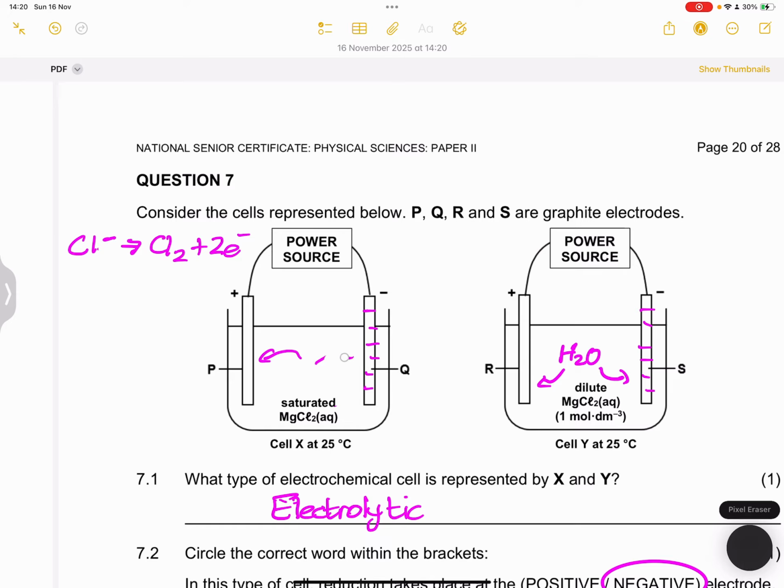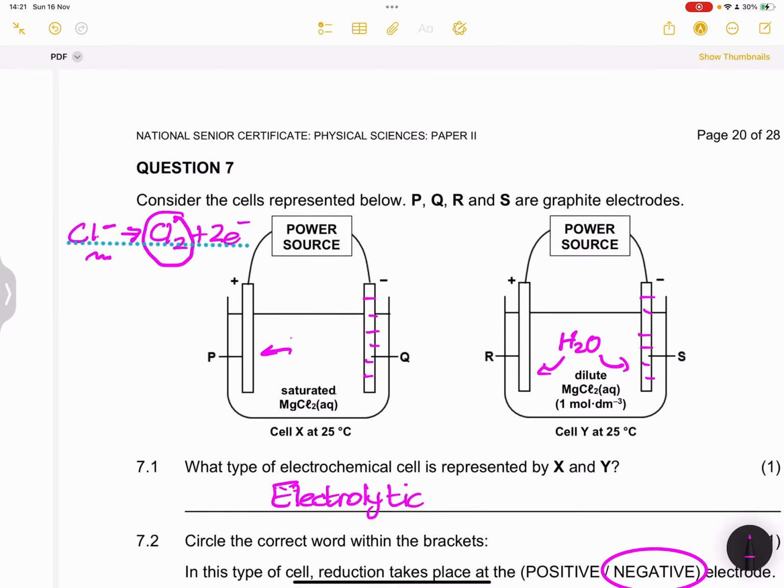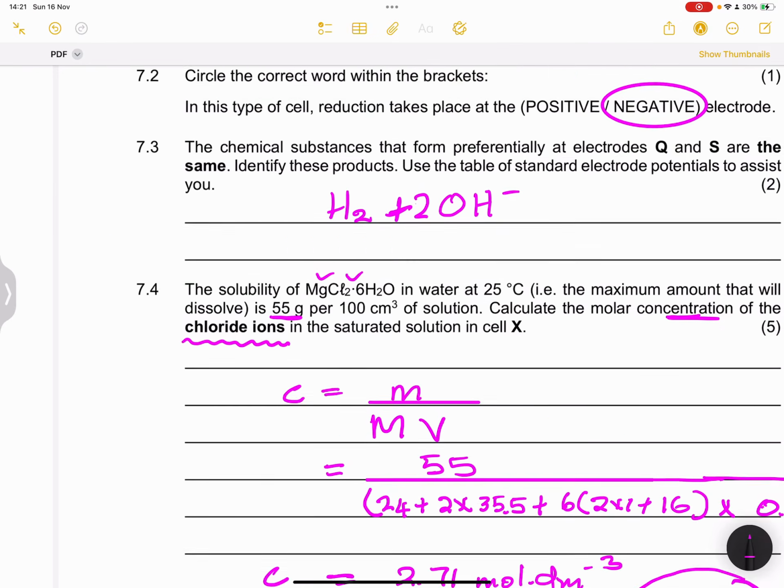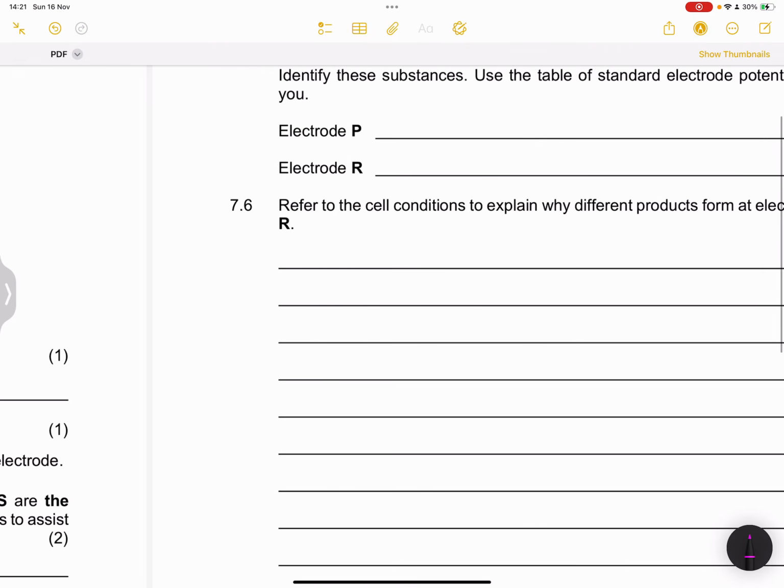That here you've got saturated magnesium chloride. Okay, so there's very little water that you've got there. Right, so now what happens over there is that the chloride ions would become chlorine. So which means at electrode P, you're going to form chlorine over there. So this is Cl2, okay?